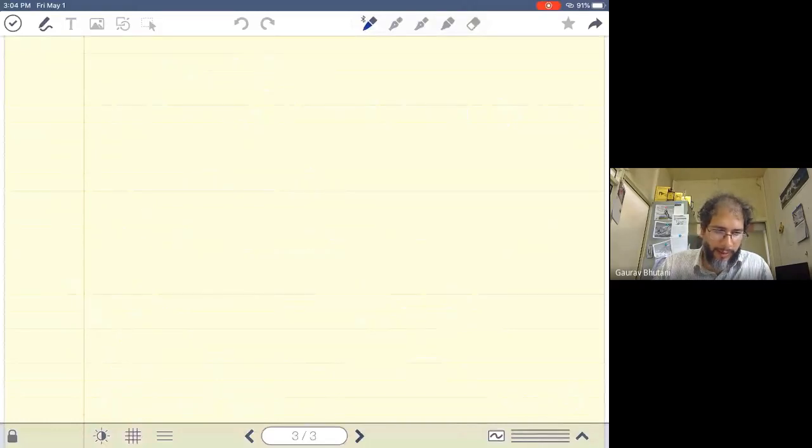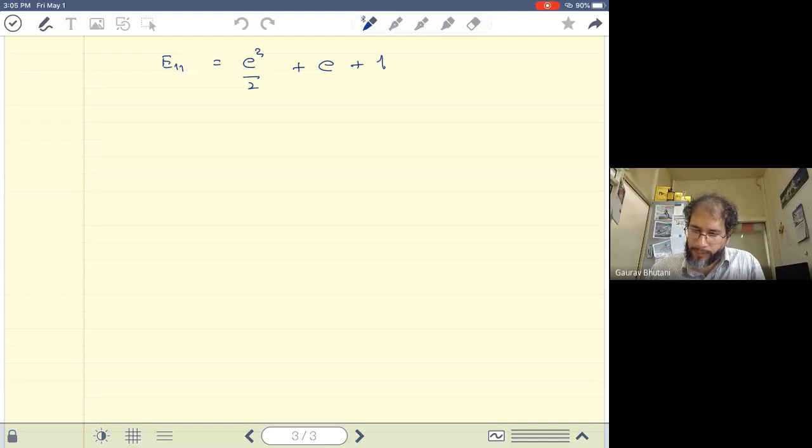So if I just move around the terms and square them, what I get is E11 is equal to e squared by 2 plus e. Sorry, I don't think we have a plus 1 here.